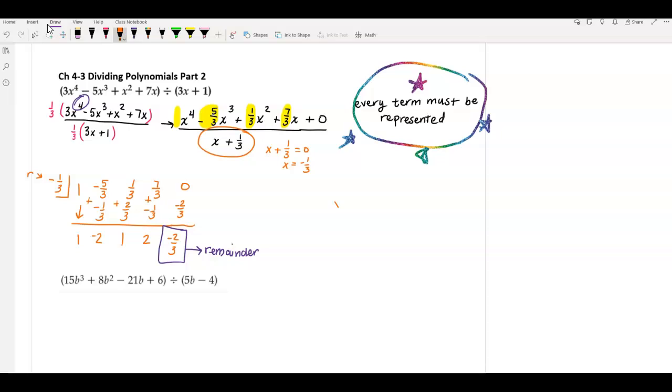So we have 1x cubed, minus 2x squared plus x plus 2 minus 2/3 over x plus 1/3.